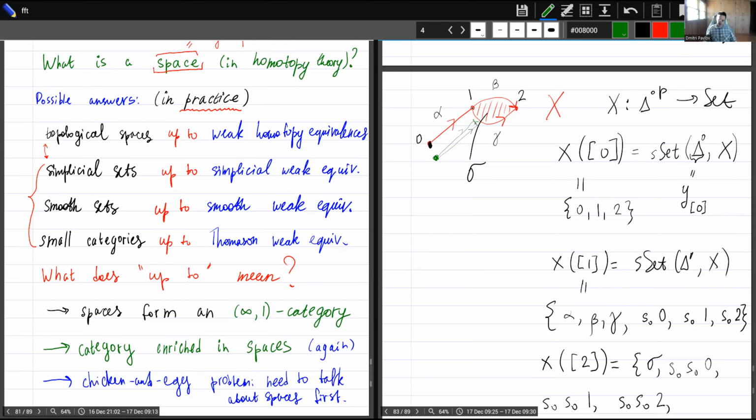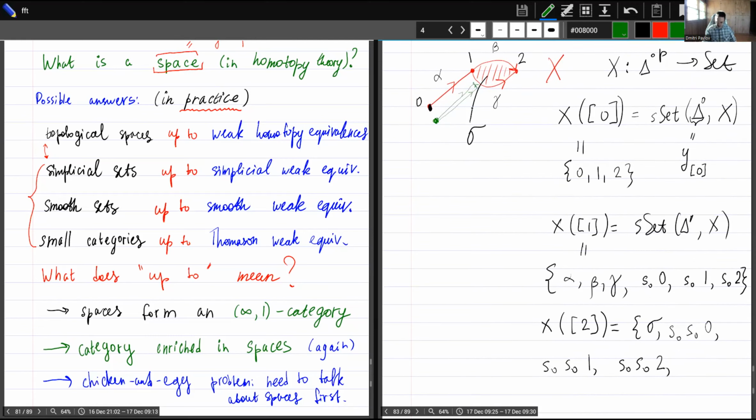So its image will be just a one simplex, but this is one of the elements of our set. So this is denoted by S1 of alpha as 1, because the vertex 1 repeats twice, so you send two different vertices to vertex 1.